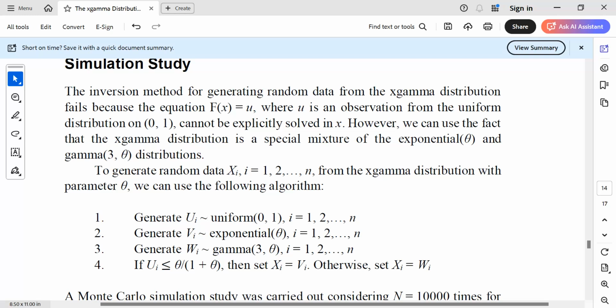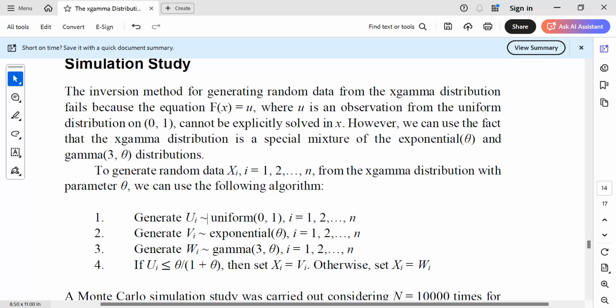It's like you have two separate distributions, gamma and exponential, and you are using the mixing proportion. It's like you toss a coin, not a coin in itself, but you choose a random number between 0 and 1. If it's less than your mixing proportion, you choose from the exponential. If it's greater, you choose from the gamma. And if you put them together, they become a distribution called S gamma.